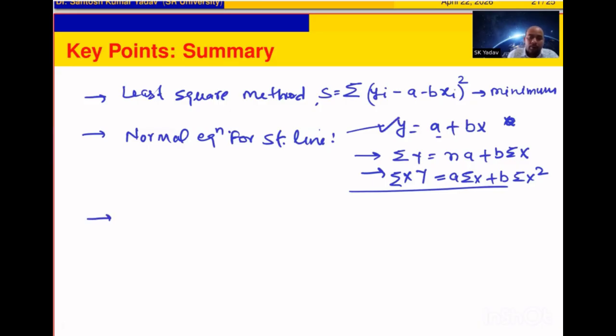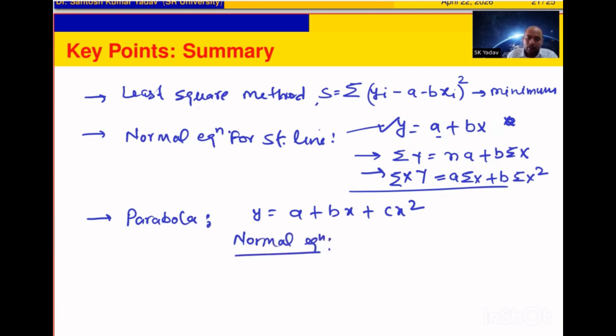The next point is for the parabola. For the parabola, I can write the normal equations. We have the parabola as y equal to a plus bx plus c x square, and the normal equations: summation of y equal to n times a plus b times summation x plus c times summation x square.